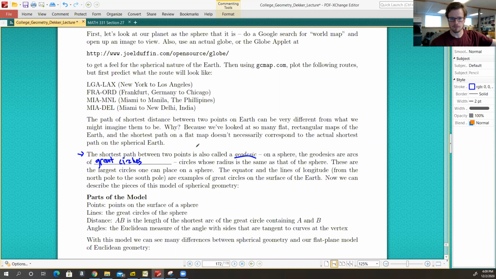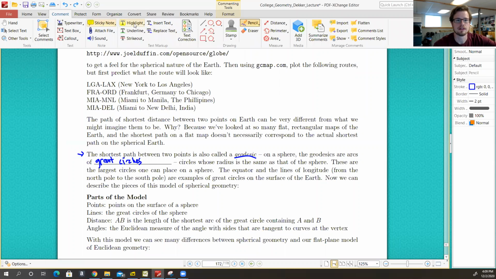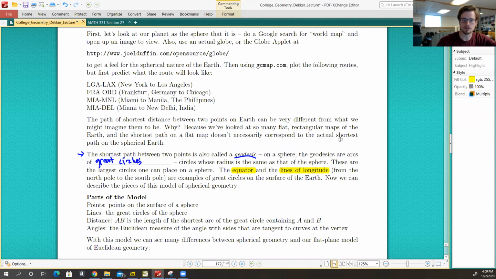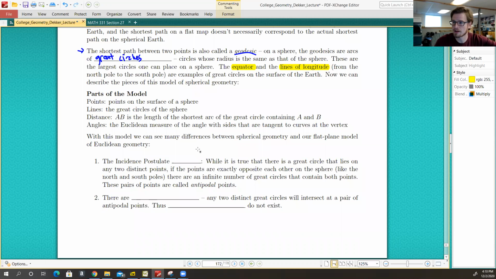So these are of course the largest circles we can make. Good examples are the equator, which is a good example of a great circle, and lines of longitude are also good examples of arcs, pieces of a great circle.